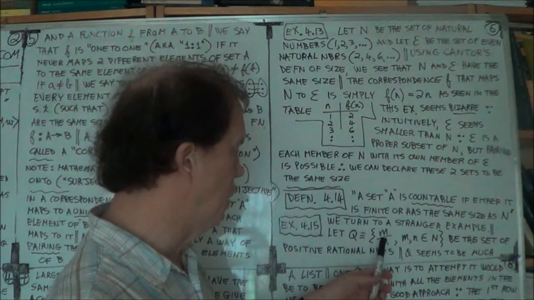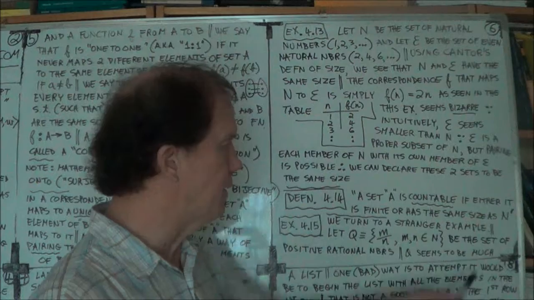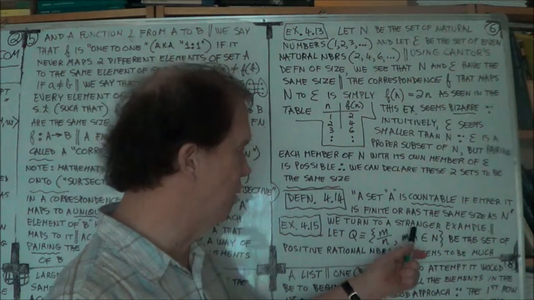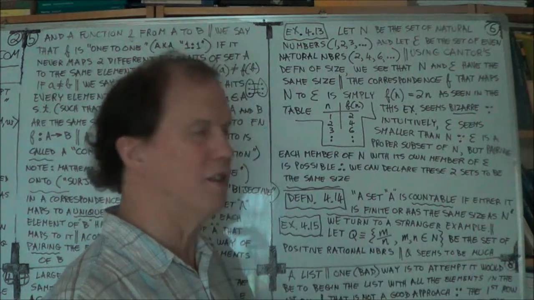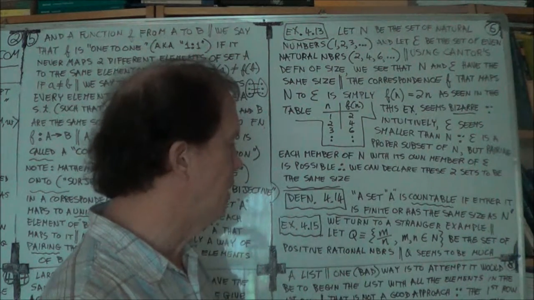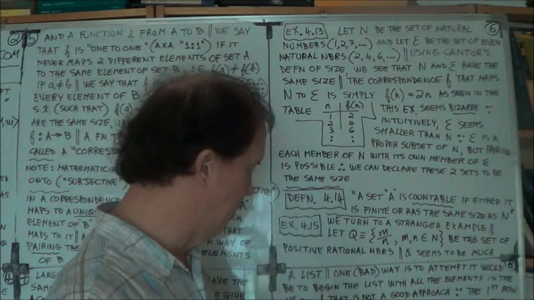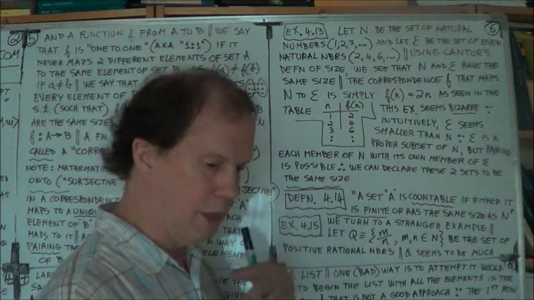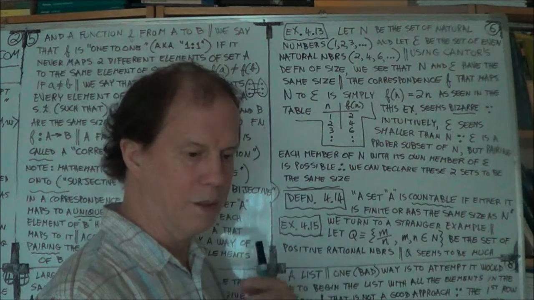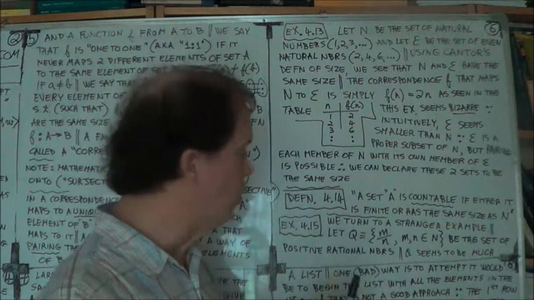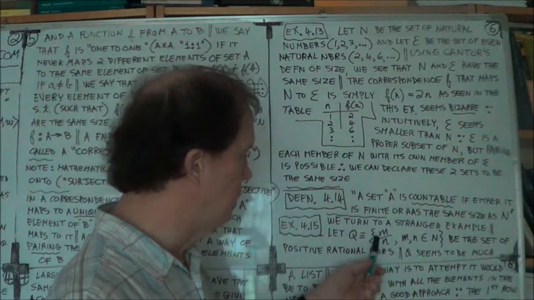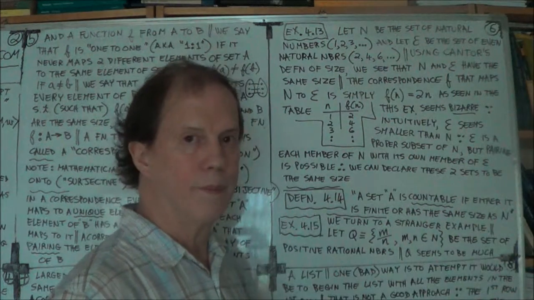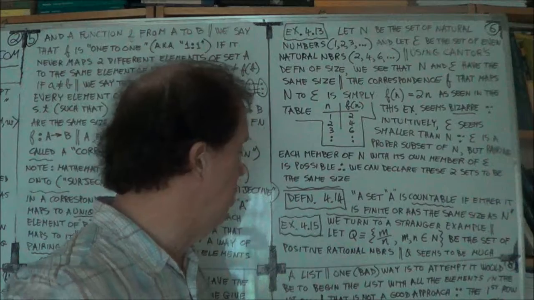And we're going to show that the size of Q and the size of N are the same. It may sound even stranger, even more bizarre, but we'll show in the next session how you can form a correspondence, a bijection, a one-to-one onto mapping between the elements of Q and the elements of N. You can do that. We'll do that next session.